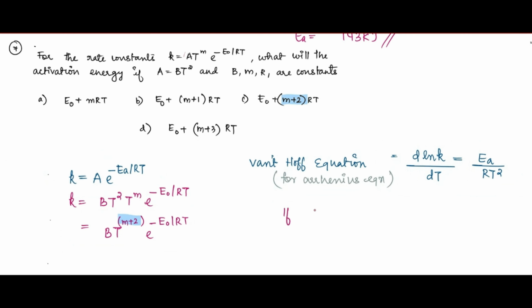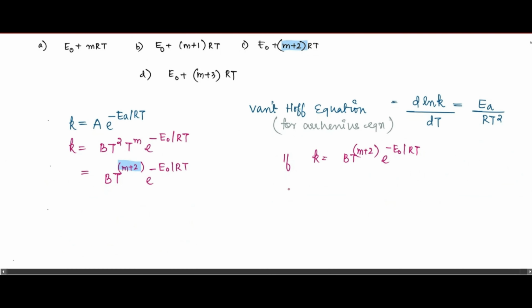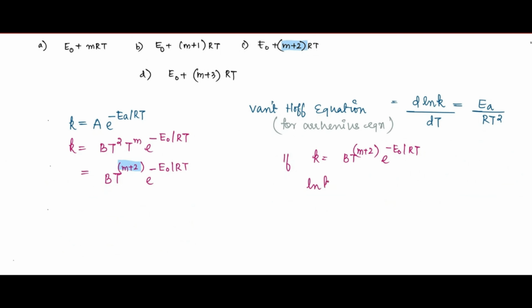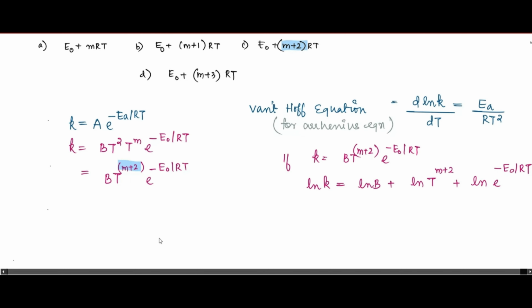If k is equal to BT to the power m+2 e to the power minus E0 by RT, next step you find ln k, which is ln B plus ln T to the power m+2 plus ln e to the power minus E0 by RT. Got it?